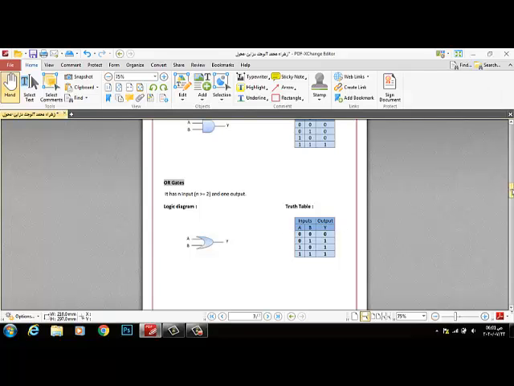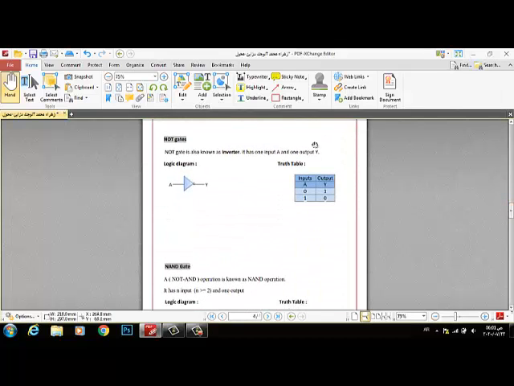We go to the NOT gate. The NOT gate is also known as an inverter. It has 1 input A and 1 output Y. Here are the symbol of the NOT gate and its truth table.